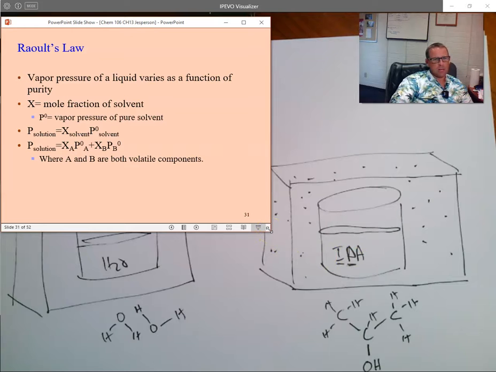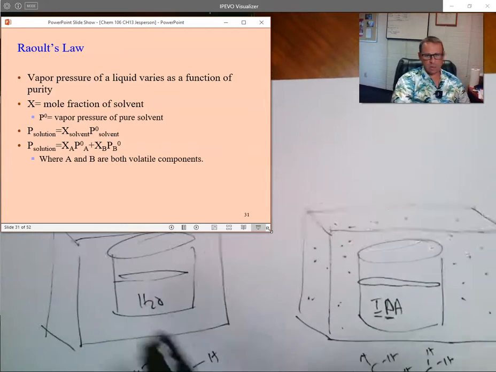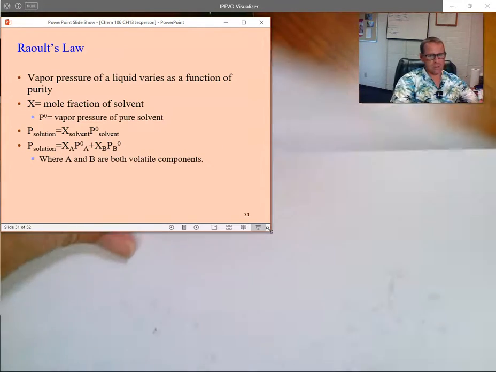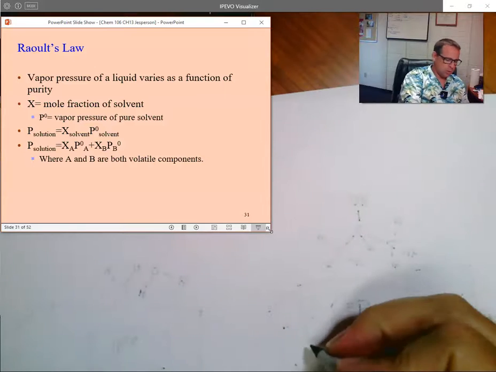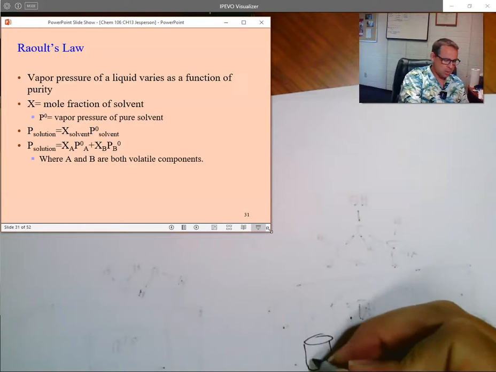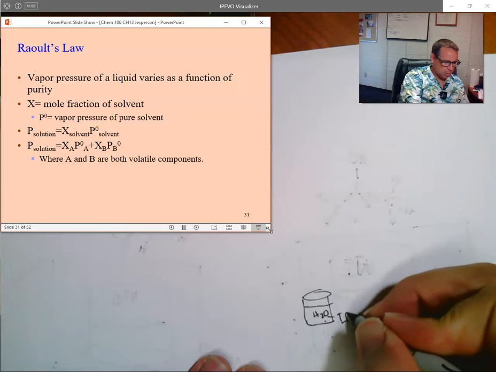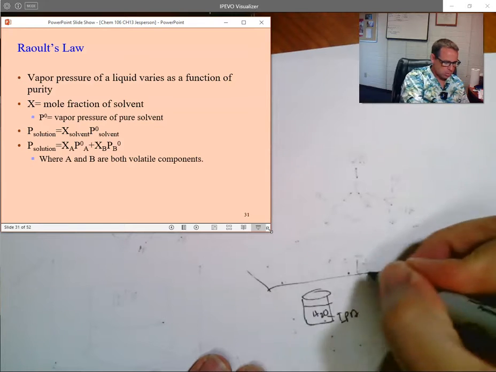Now, what happens when I mix isopropyl alcohol with water? All right. So I have a new container here that I'm going to draw. The new container contains a mixture of water and isopropyl alcohol.